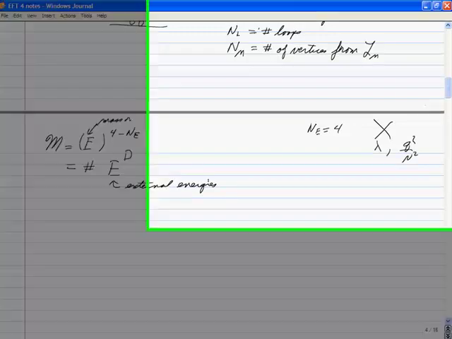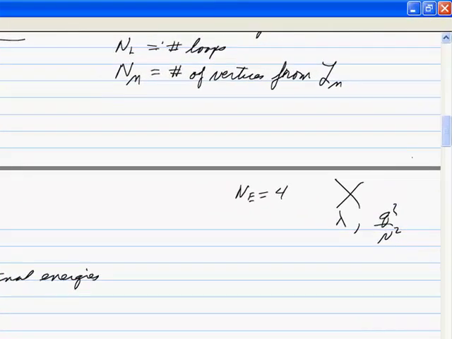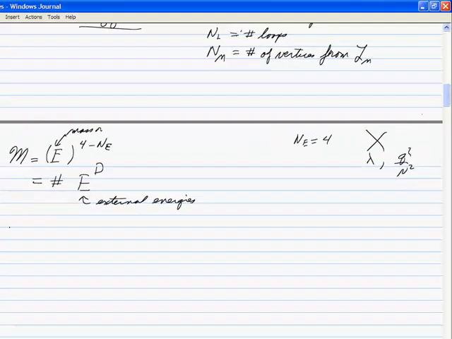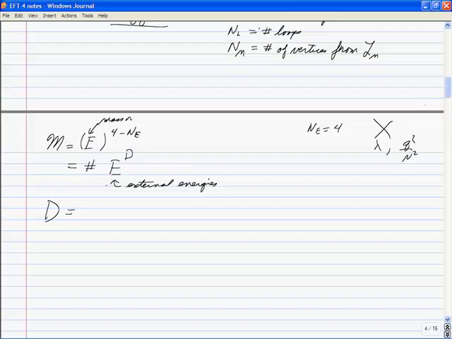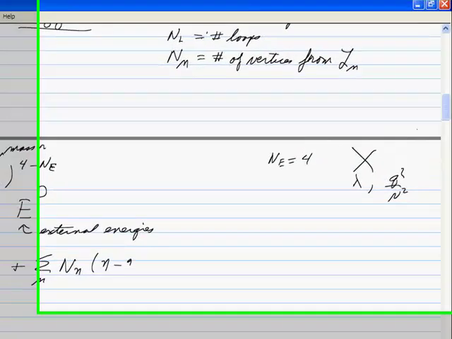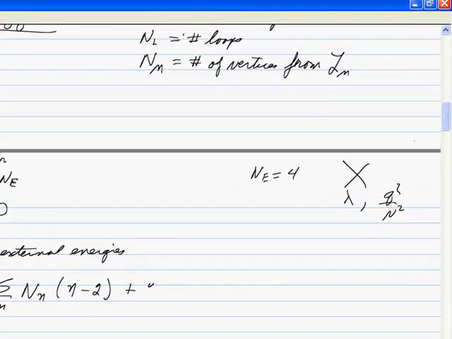So, for example, V doesn't count in here, so this is just q squared. Okay, and D is 2 plus the sum over all the different types of Lagrangians, the number of each type that's used times n minus 2, plus 2 times the number of loops.